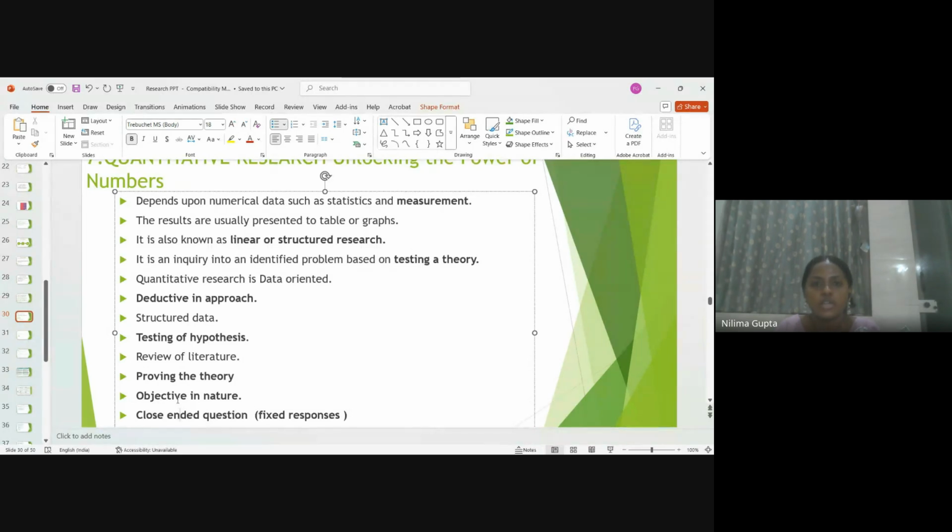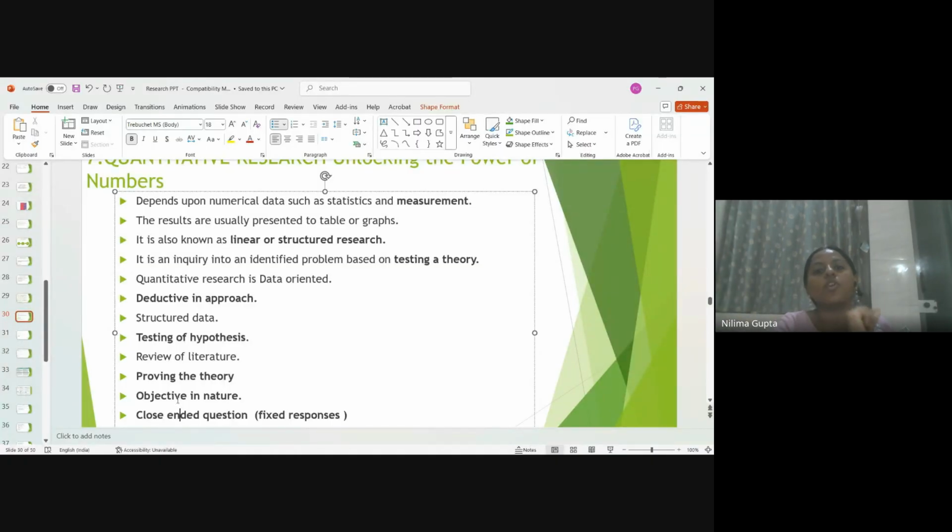Numbers cannot have biasness. So quantitative data will have close-ended questions, that is, fixed response. For example, if you fill any kind of form, you have a question like rate between 1 to 5. There are 5 categories given, and you are asked to rate on that particular scale. But when I talk about qualitative, it is open-ended.